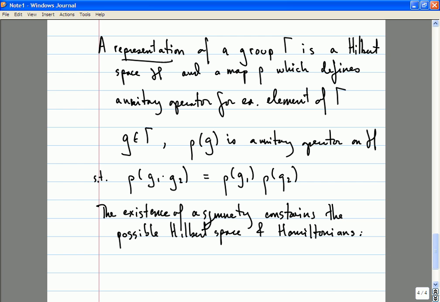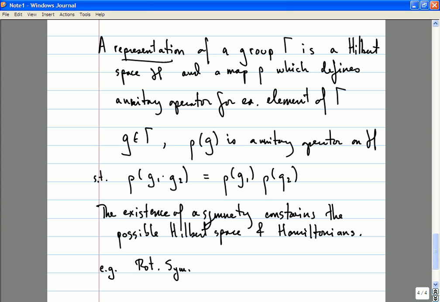So, for example, let's say that we're looking for systems with rotational symmetry. Then the rotations in three-dimensional space form a group. Okay. There are many ways of thinking about this group. So if you saw Euler angles in your classical mechanics class, did you guys see Euler angles? Yeah.